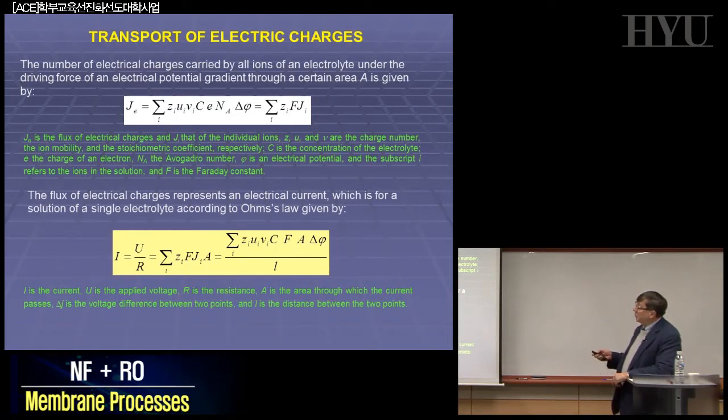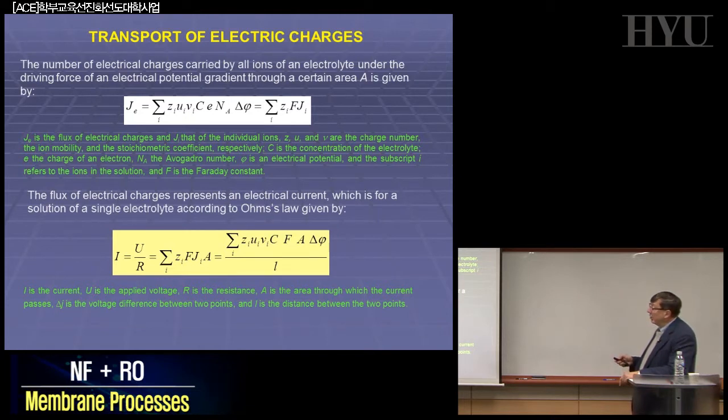The transport of electrical charge in our system is given by, if you have electrical charge moving across the membrane, an electrical flux across our system, which is just given by the product of the charge of the single ions, the mobility of the ions, and the concentration multiplied by the Avogadro number and the unit of electrical charge.